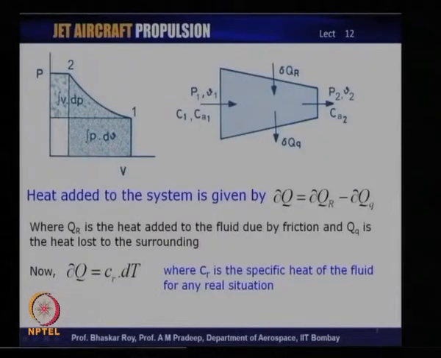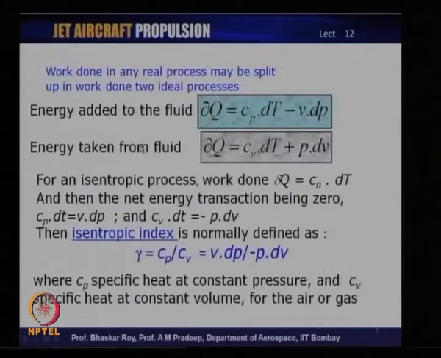This is your V dp, and this is of course P dV. So, if we add those work done to C p dT, which is the energy added to the fluid, and the energy taken away from the fluid can be put down in terms of C v dT plus P dV.